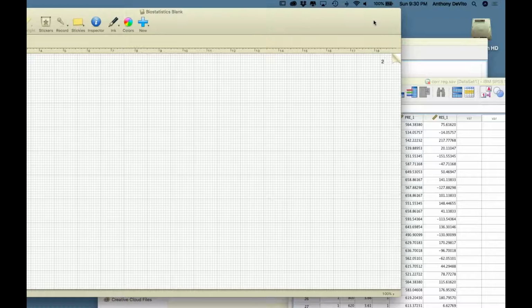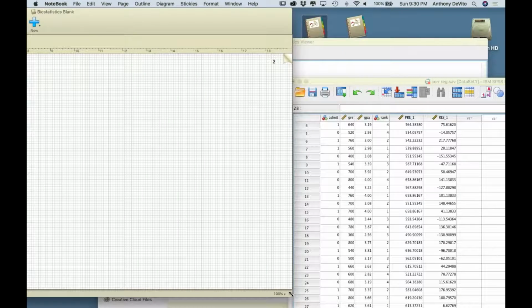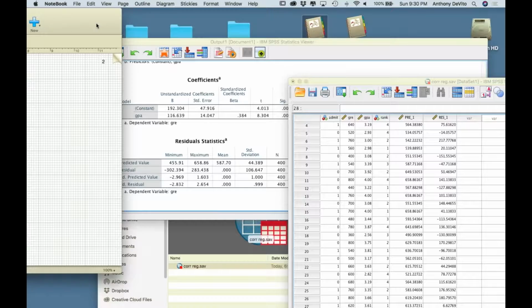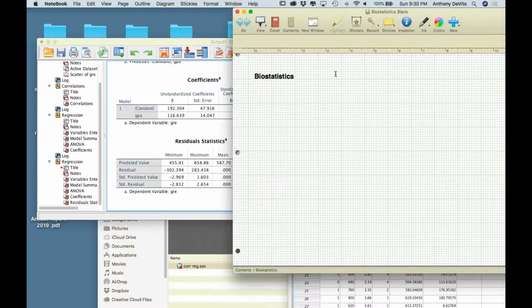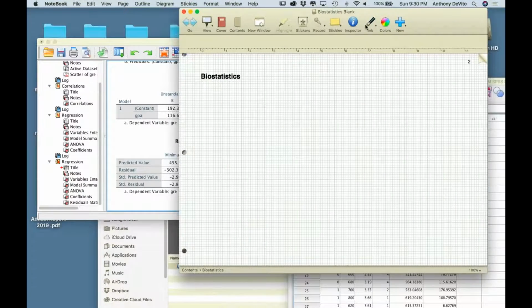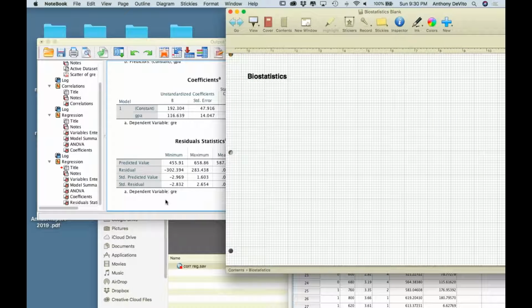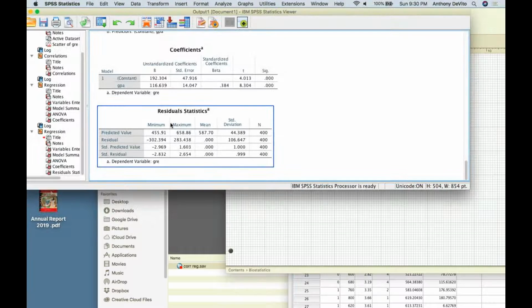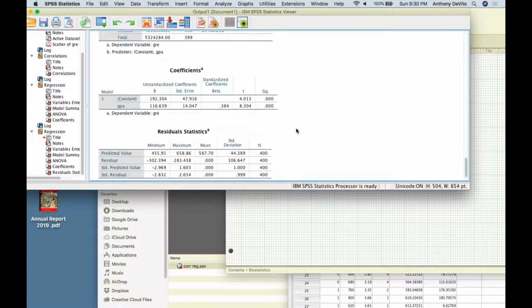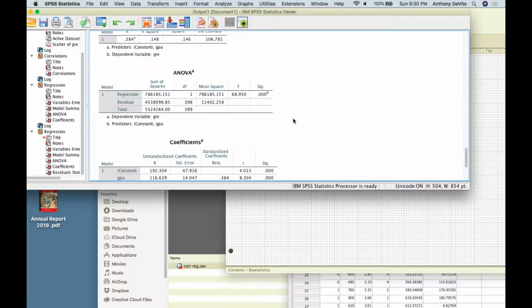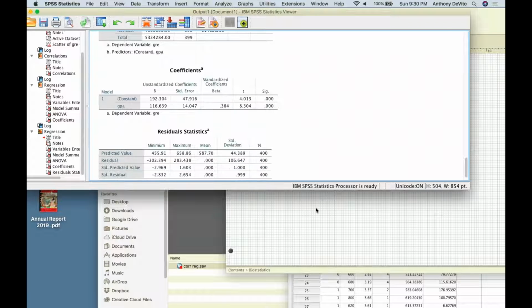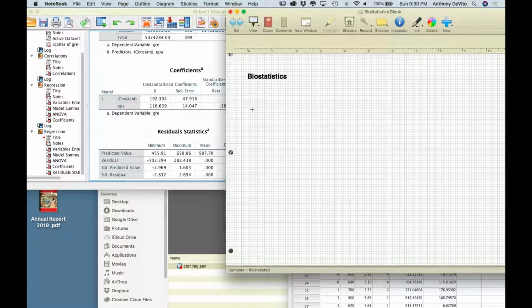Let me narrow this down so it's a little easier to work with on my screen. Okay, I'm going to go to this table right here, coefficients. So the formula is y equals mx plus b.